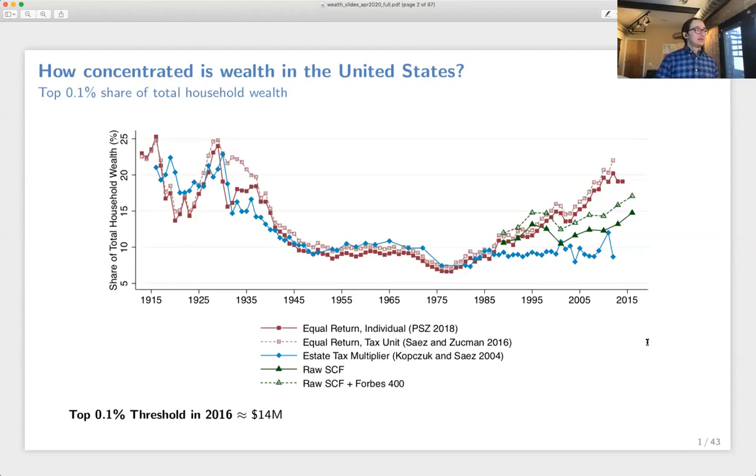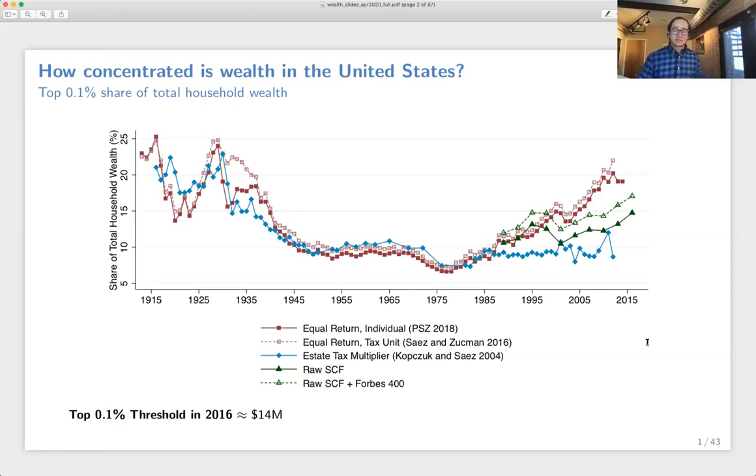Another is to do it at the tax unit level, but then split up joint filers so that you have an individual level measure. That's what Piketty, Saez, and Zucman do in their distributional national accounts paper. What those series show is similarly high levels of wealth concentration to the estate tax data in the early part of the 20th century. It came down mid-century, but then recovered quite dramatically in the last 20 or 30 years.